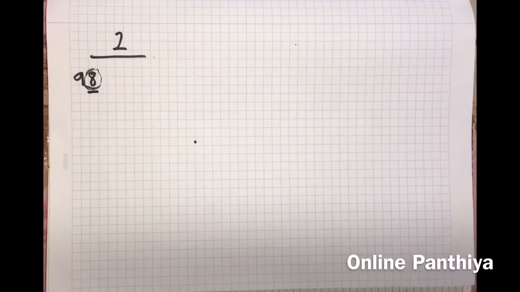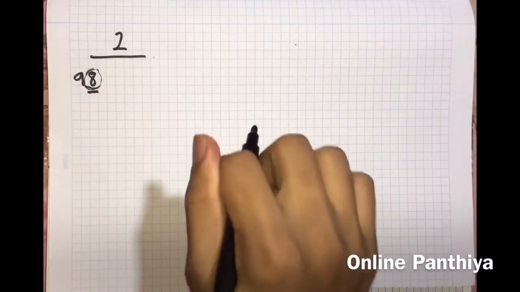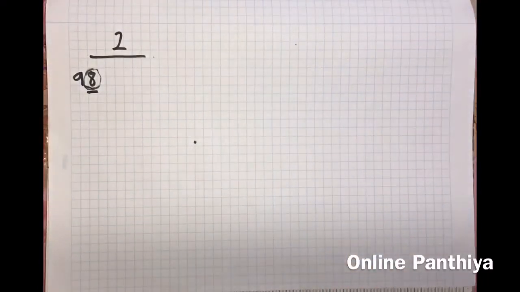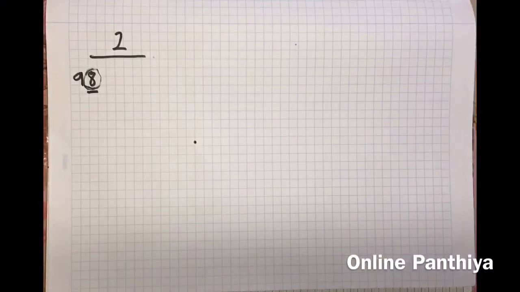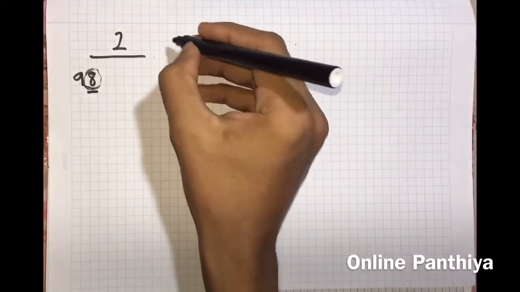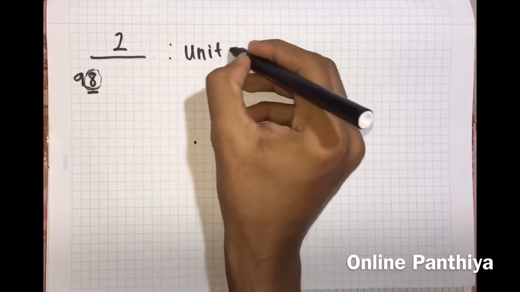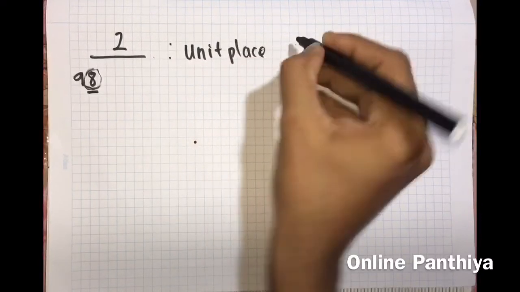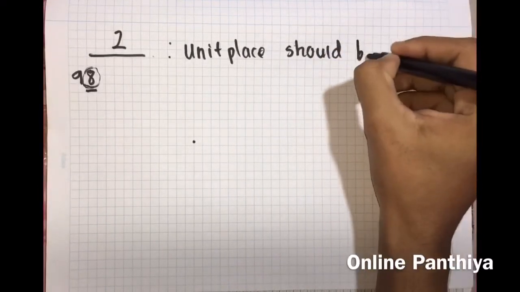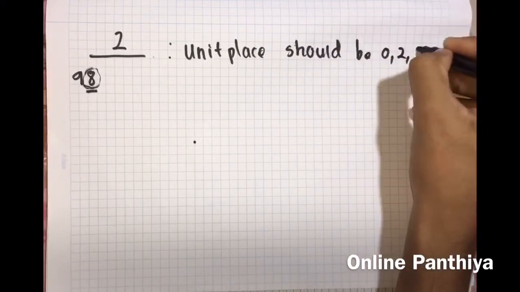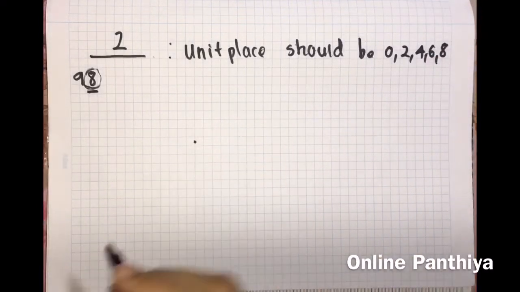You have to check whether this number is 0, 2, 4, 6 or 8. If you have 0, 2, 4, 6, 8, then that number is divisible by 2. Clear? Shall I write more examples?